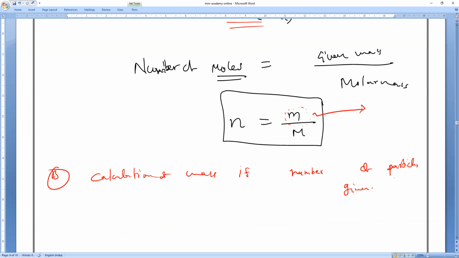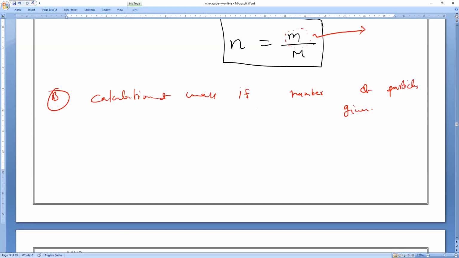So now, if particles are given, what is the formula? Very, very important. If particles are given, write it. Given particles will be represented with N or N naught.